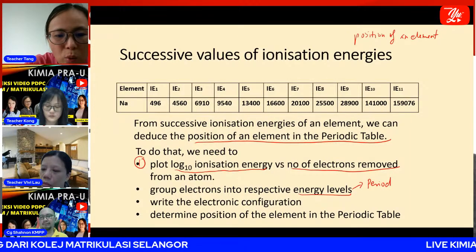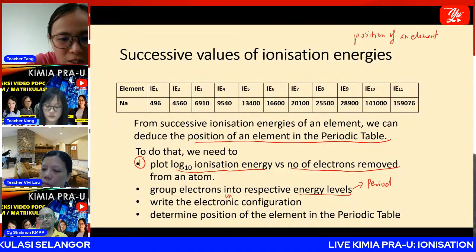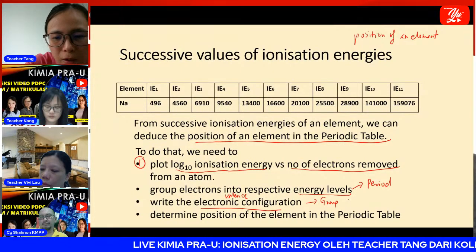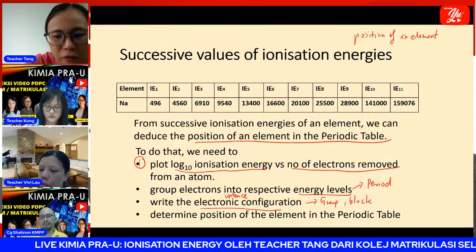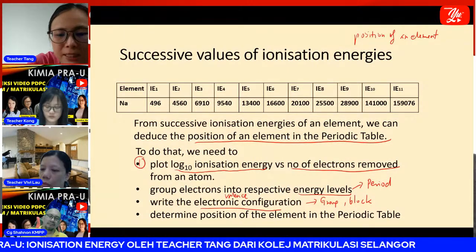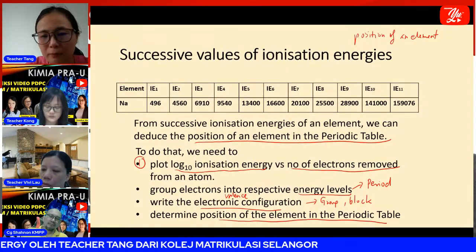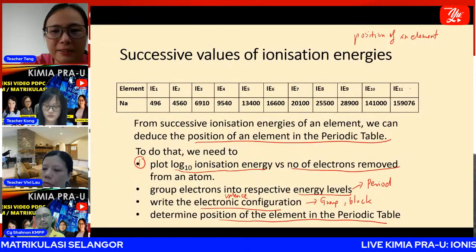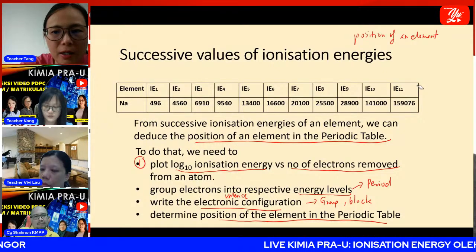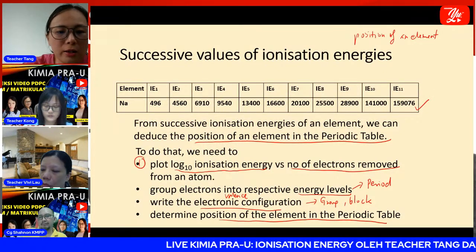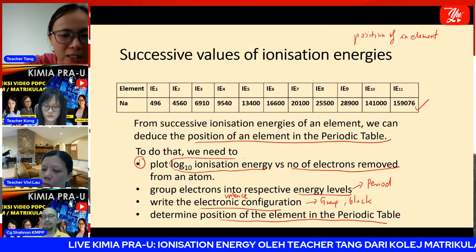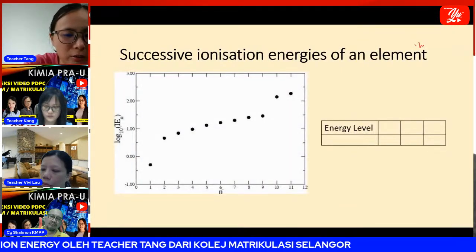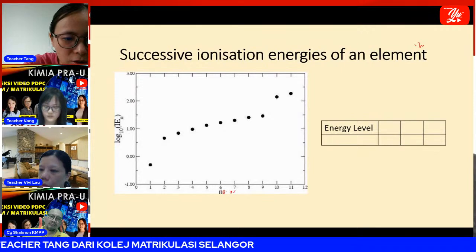Then we can write the valence electronic configuration to determine the group and also the block of the element, and from there determine the position of the element in the periodic table. For example, I use this successive ionization energy data for sodium to plot the graph of log to the base 10 of ionization energy versus number of electrons removed.